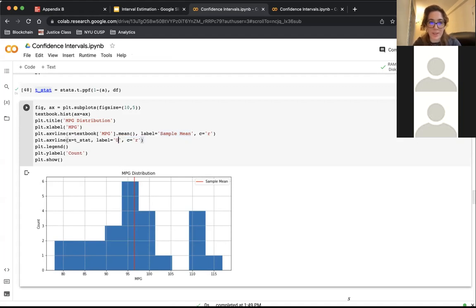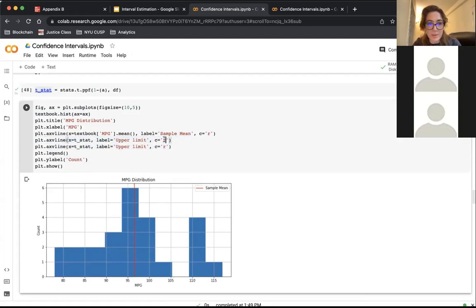So I'm just going to call this upper limit. And then I'll also plot, I'm just going to make this green. And then I'll just do a negative to account for the other side. And T limit probably isn't accurate. So let me use a better word, like lower deviation from mean.